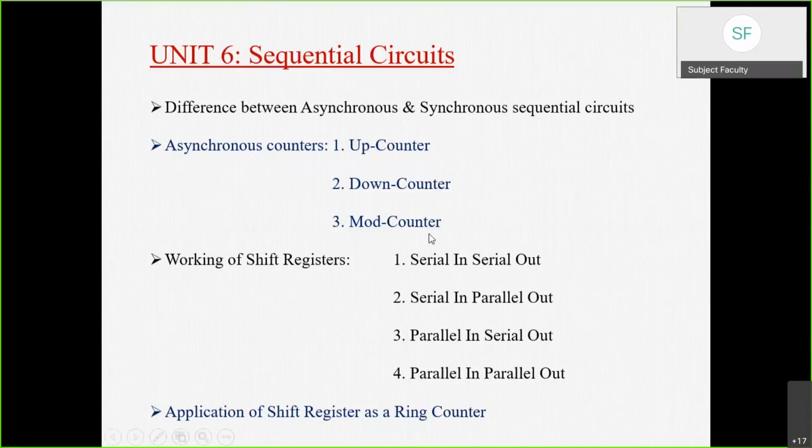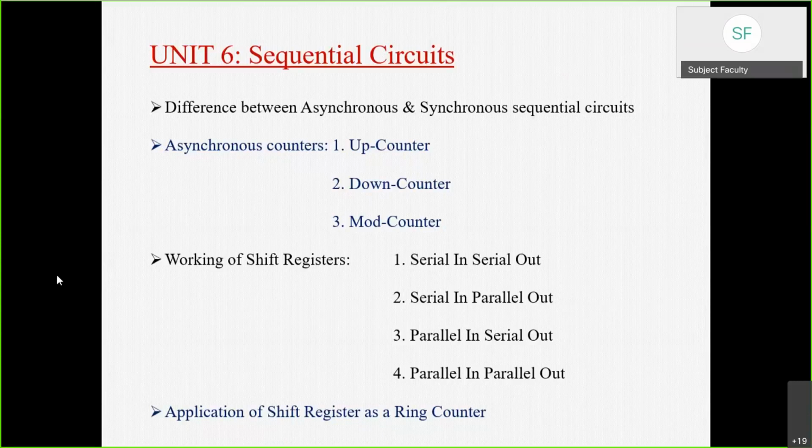So we have already seen the mod 6 counter and mod 10 counter, and in those counters, we have used a NAND gate as an extra combinational circuit. So what was the use of that NAND gate? It was used to skip the remaining states. For example, while discussing the decade counter, that is the mod 10 counter, we designed our counter in such a way that it has to be 4-bit.